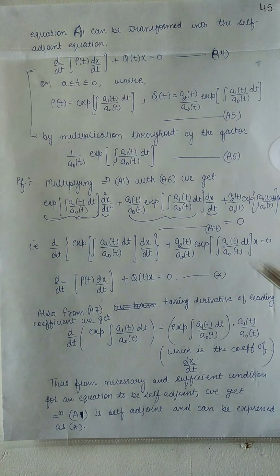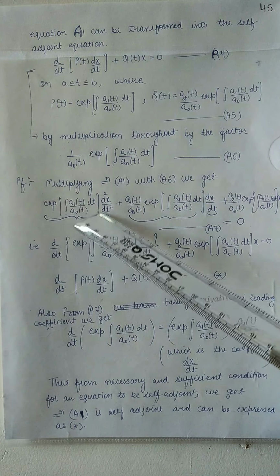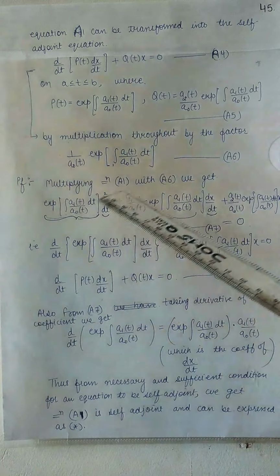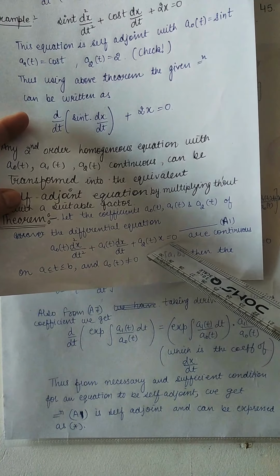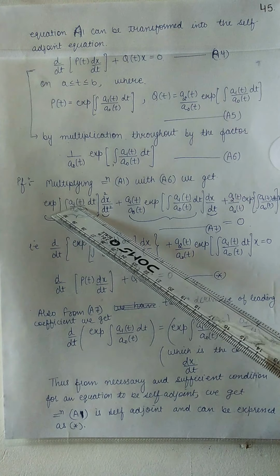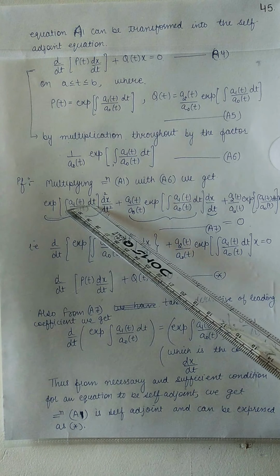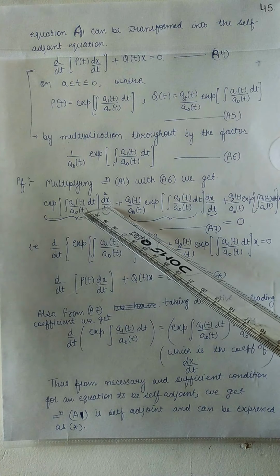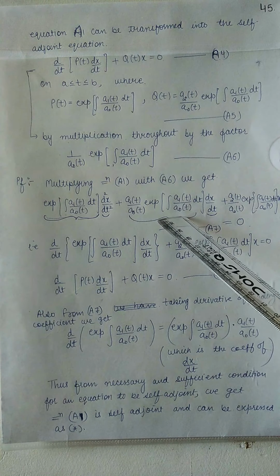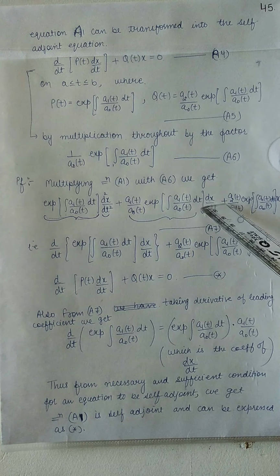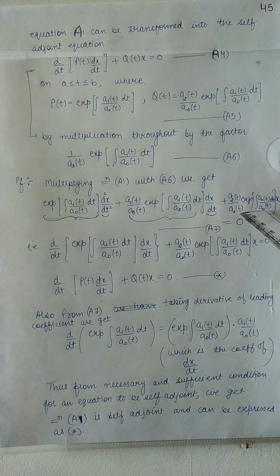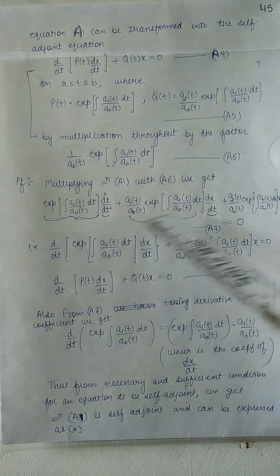When we multiply this term with the equation A1, we get exponential of the integral of a1(t)/a0(t) dt times d²x/dt² plus a1(t)/a0(t) exponential of the integral of a1(t)/a0(t) dt times dx/dt plus a2(t)/a0(t) exponential of the integral of a1(t)/a0(t) dt into x is equal to 0.